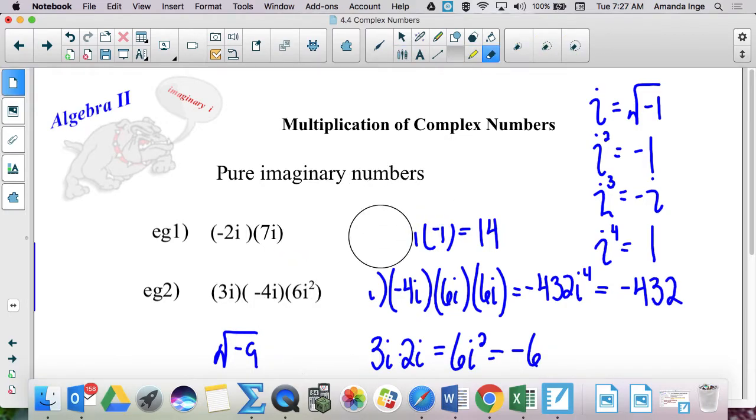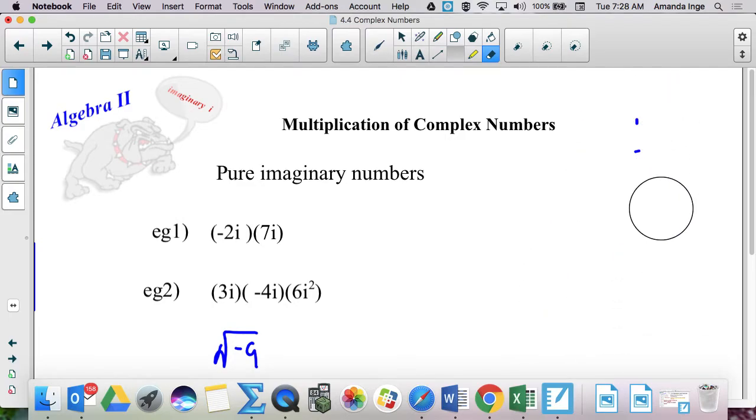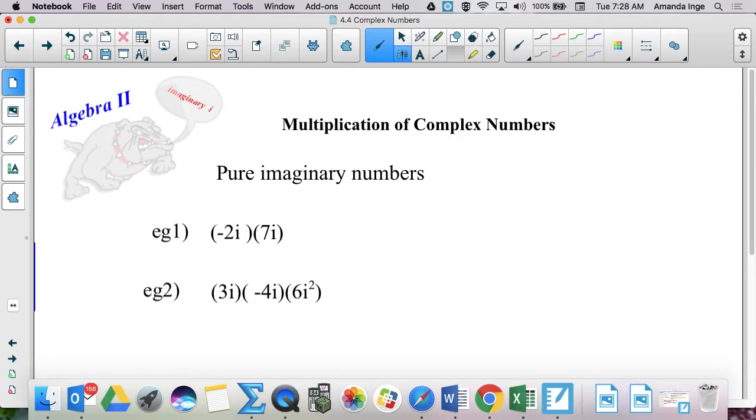Next, I want to talk about multiplication. Once again, it is extremely important that you change your numbers to imaginary or complex numbers before you start.